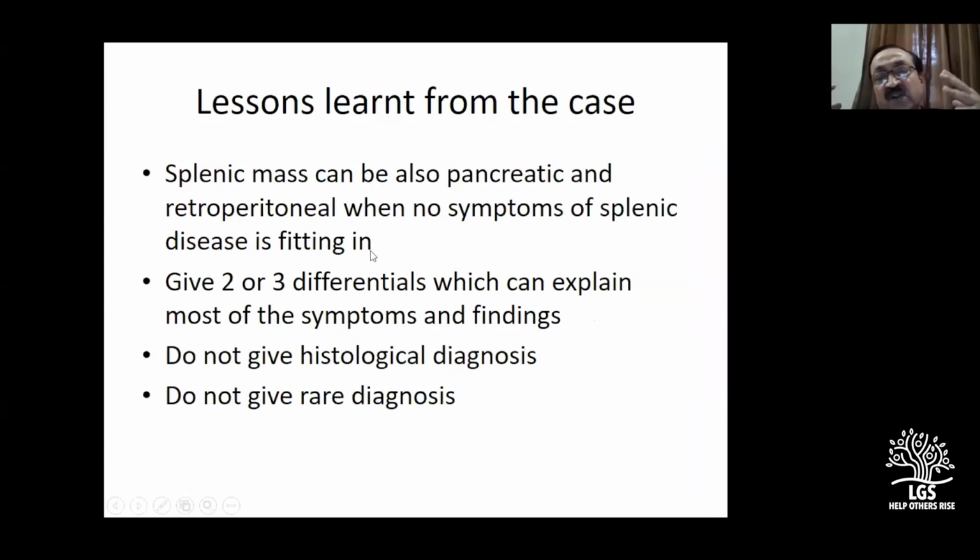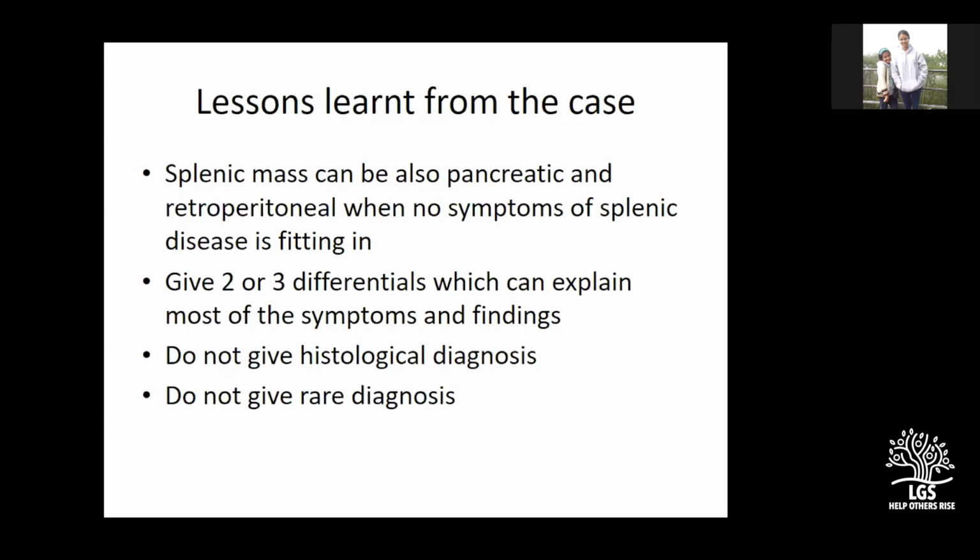Some things were not fitting in. You were telling me the notch was not palpable. Always give 2 or 3 differentials which can explain most of the symptoms. And one thing you should remember: do not give a histological diagnosis unless you are really asked for it. Today you have seen this case.